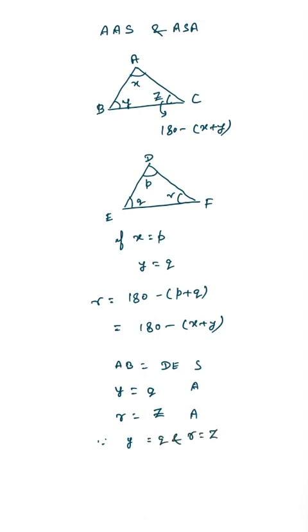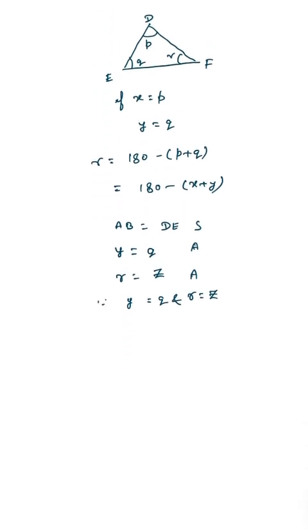And even if the side is between those two angles or not, it doesn't really matter, because if two angles are equal in two triangles, then eventually the third is also going to be equal, as in the given example. Hence, we can say that AAS and ASA are the same.